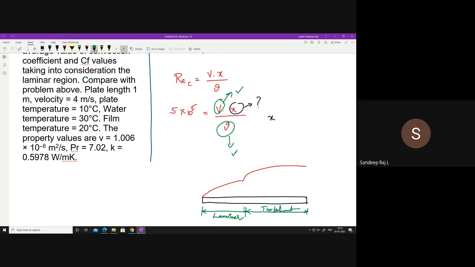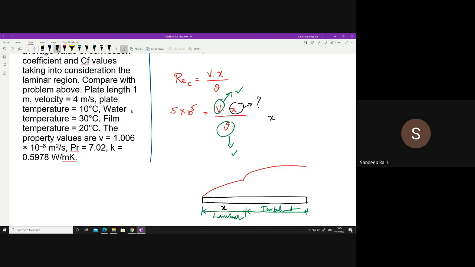If you want to get the value of this x here, this is your x. So how do you find out x? This is the procedure for finding out this x.